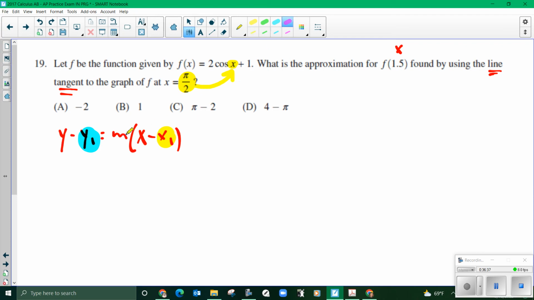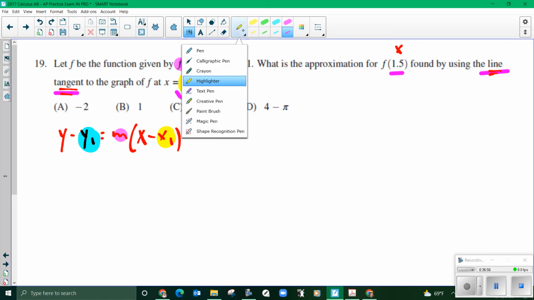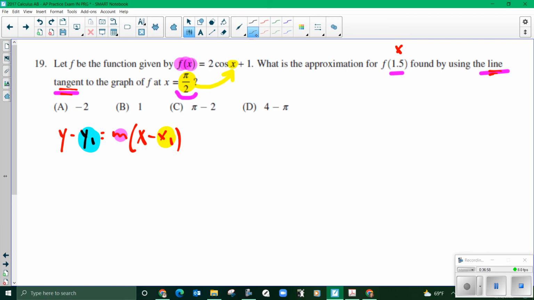And then I need to find the slope, which is the derivative of the original equation at this x point. That will give me my equation of the line. Once I have that, I got to plug in 1.5 for x to find the y. All right. Now that is explained, let's do work.